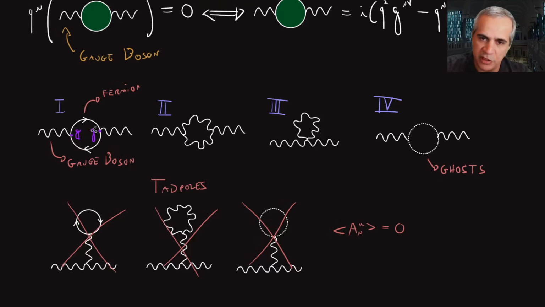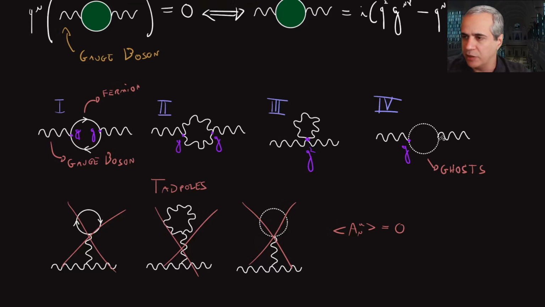So this is g squared. Same here. But this 4 gauge boson vertex is itself proportional to g squared. So you see that even if I have just one vertex here, that's the same order as everything else.